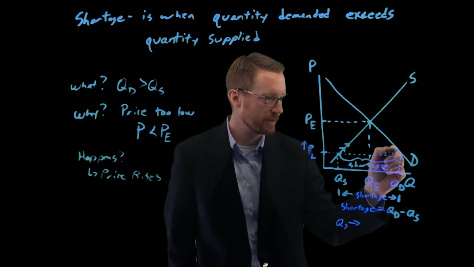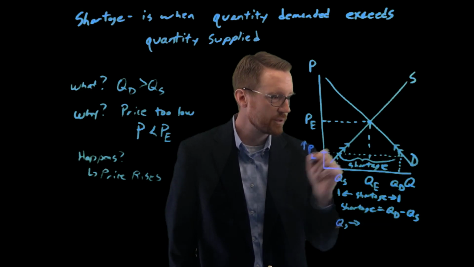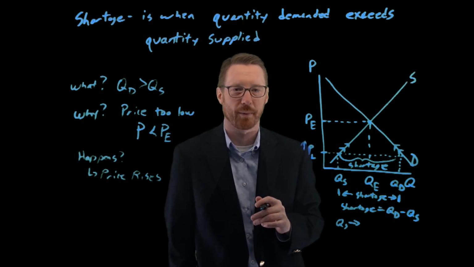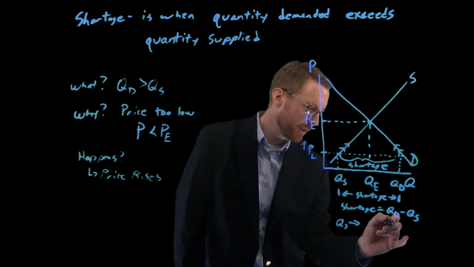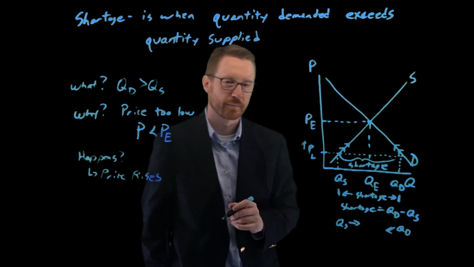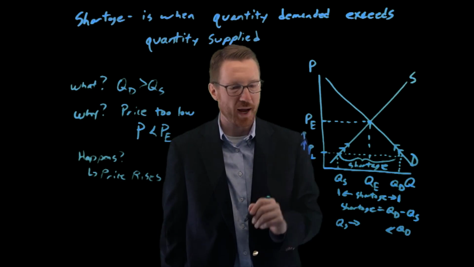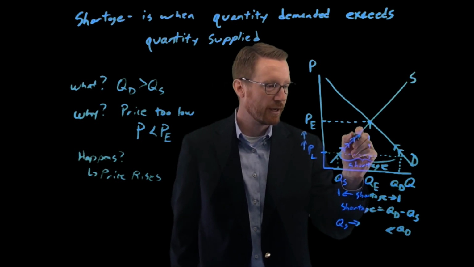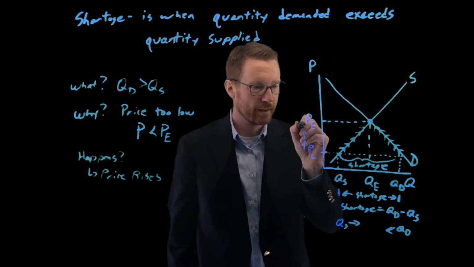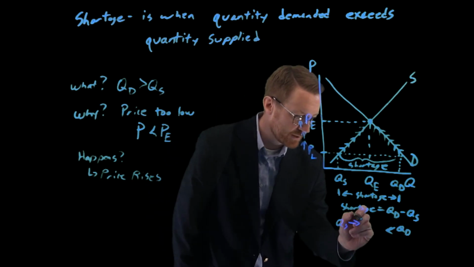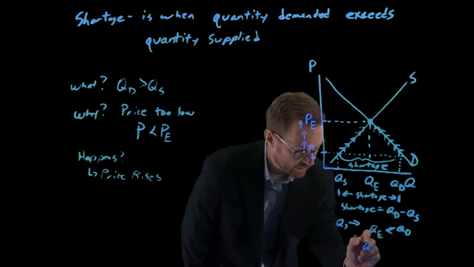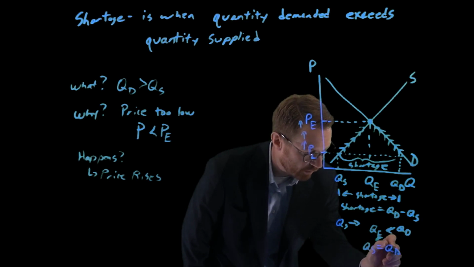But as this price is increasing, buyers say, maybe I don't need that extra television. Maybe I don't need one for my guest bedroom. Whatever it is, the quantity demanded is decreasing. This process just keeps continuing until the market reaches its equilibrium point, where quantity supplied is equal to quantity demanded.